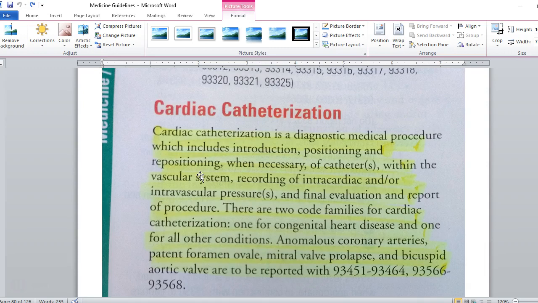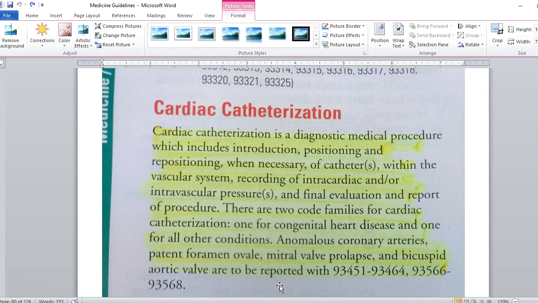So they tell us, cardiac catheterization is a diagnostic medical procedure which includes introduction, positioning, and repositioning when necessary of catheters within the vascular system, recording of intracardiac or intravascular pressures, and final evaluation and report. There are two code families for cardiac catheterizations, one for congenital heart disease and one for all other conditions.